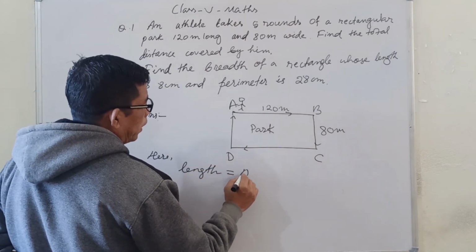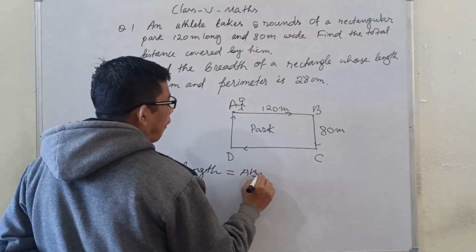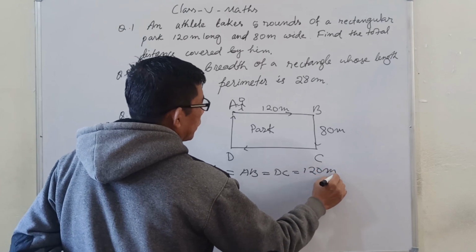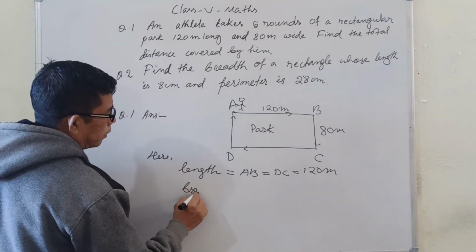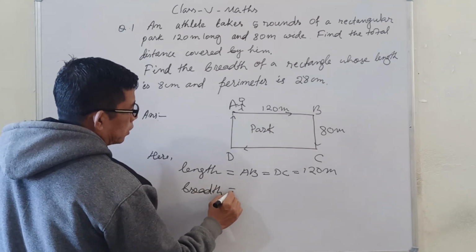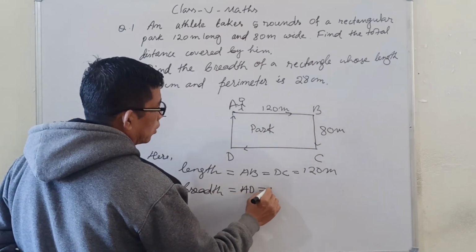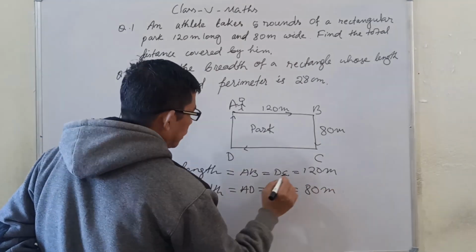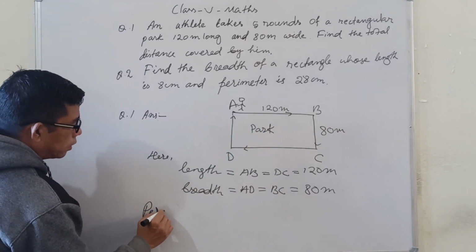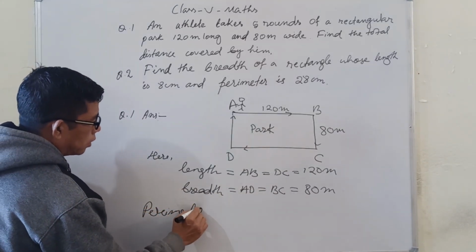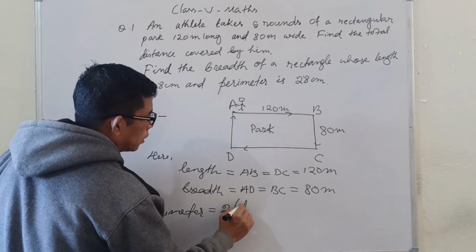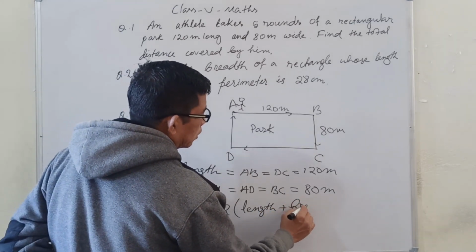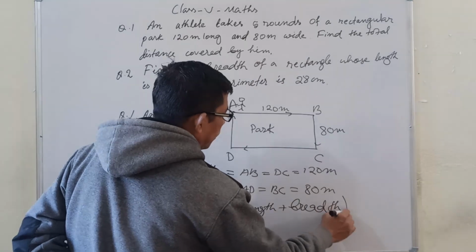Here length is equal to AB equal to DC equal to 120 meter, and breadth is equal to AD equal to BC equal to 80 meter, and perimeter is equal to 2 times length plus breadth.